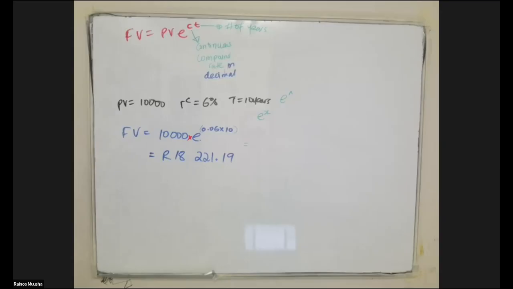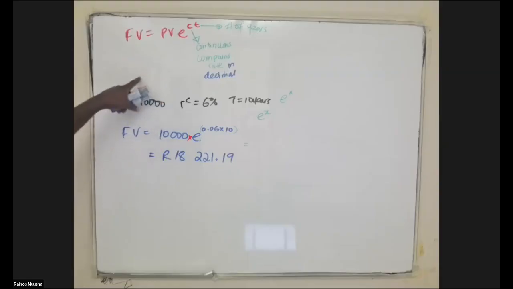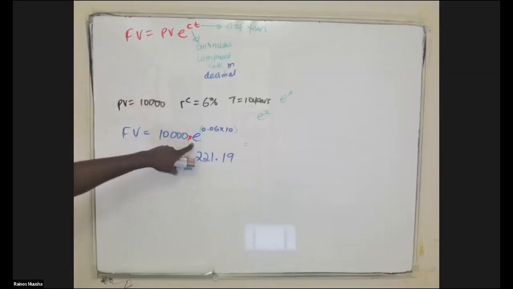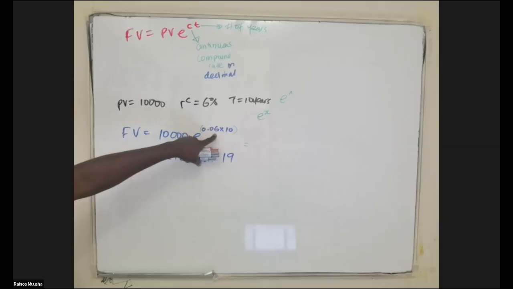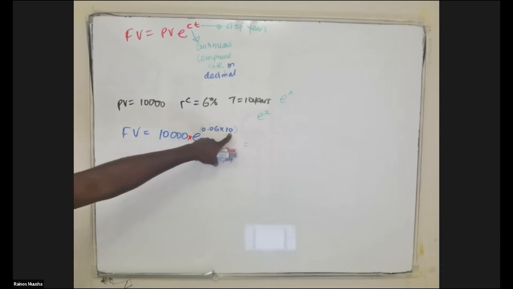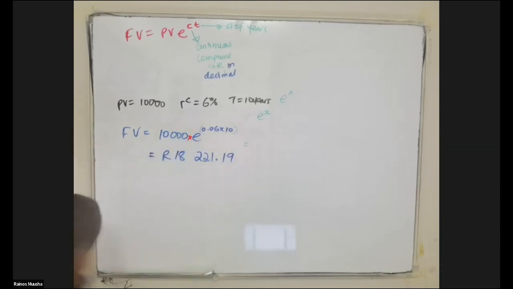I'm using Sharp. You said 10,000, right? Yes. Then shift e of x. Okay, open brackets, 0.06 times 10, close brackets, equals.